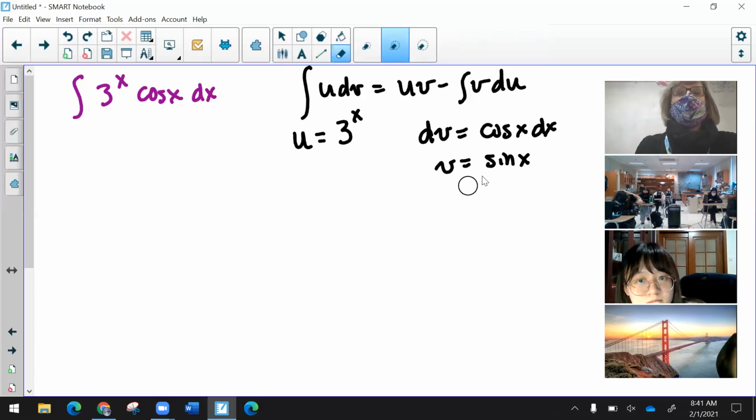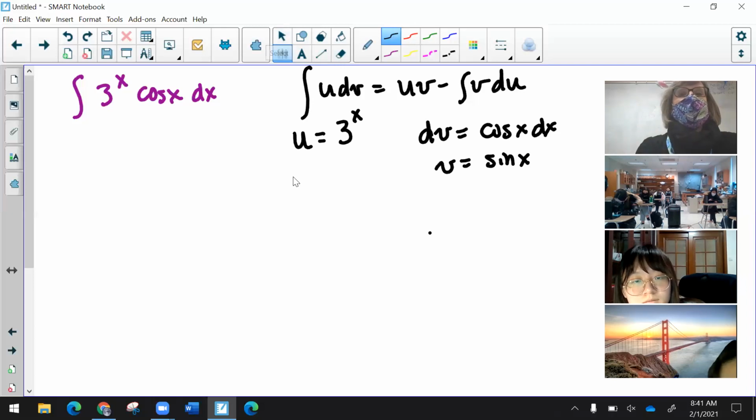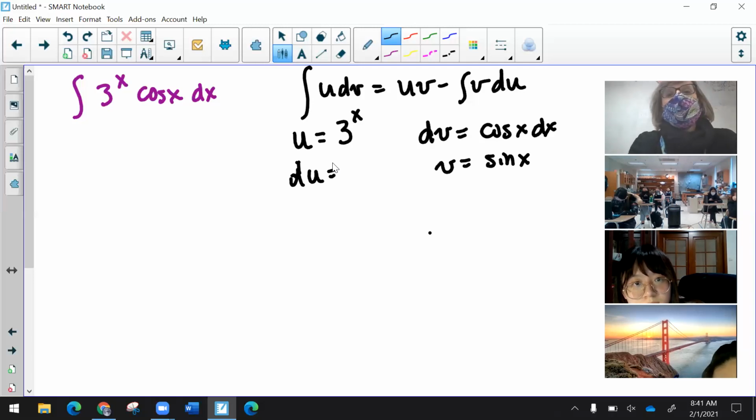Okay. So then I have to find du. How do I take the derivative of that? Please don't tell me it's x times 3 to the x minus 1, because it's not.